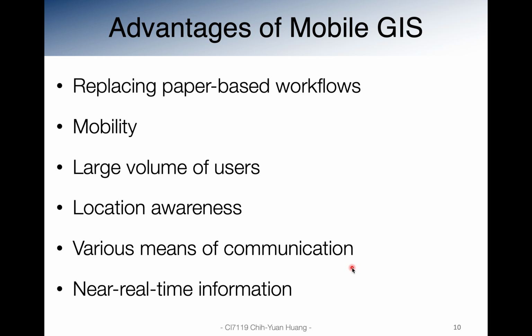Finally, one critical advantage of mobile GIS is near real-time information, because you can collect information, and when your mobile phone is online, you can provide or receive near real-time information.